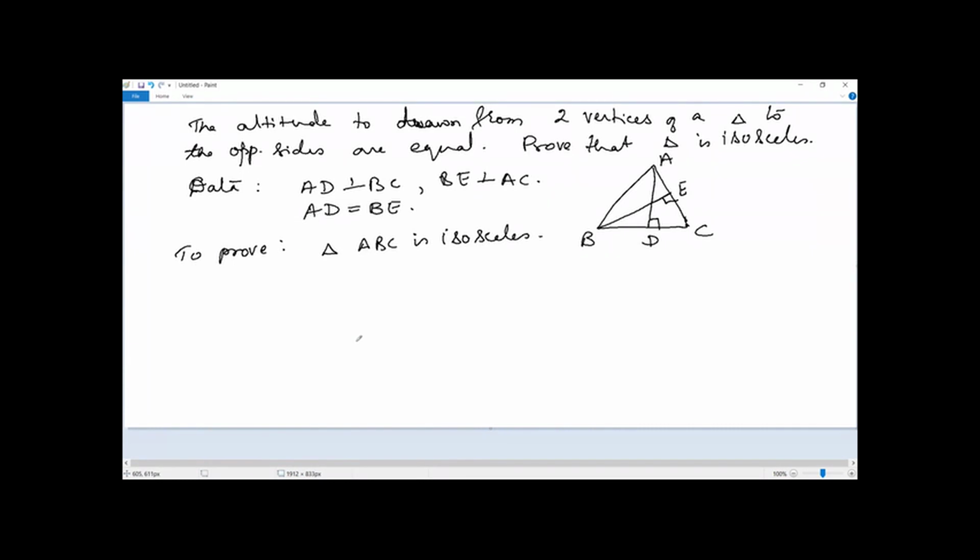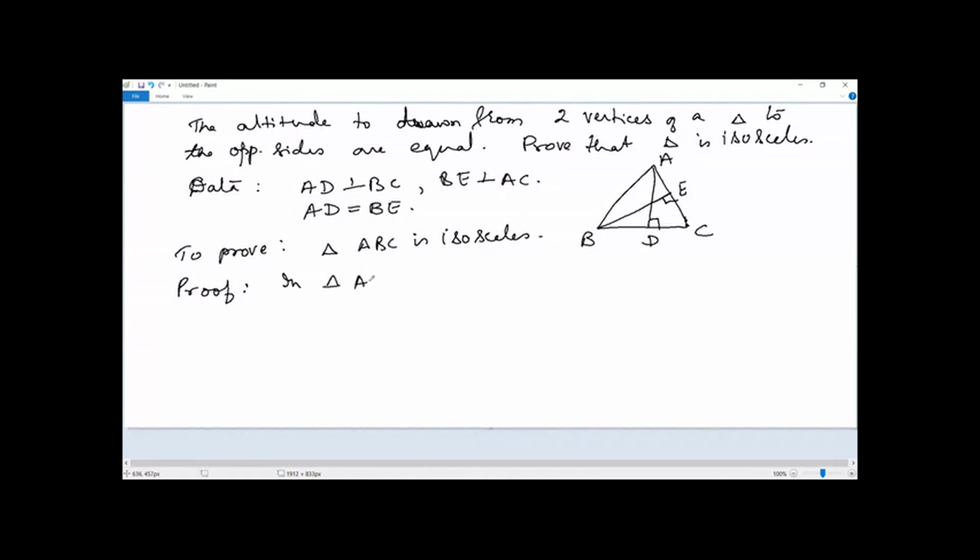Sanjana, tell me how will you prove triangle ABC is isosceles? Prove angle ADB is equal to angle ADC, which is 90 degrees. Which two triangles are you taking? ADB and ADC, ma'am.